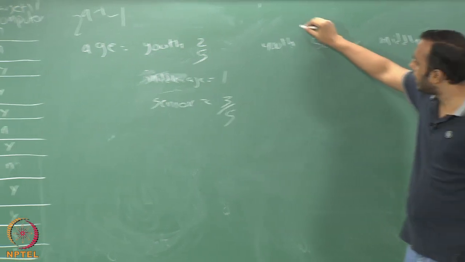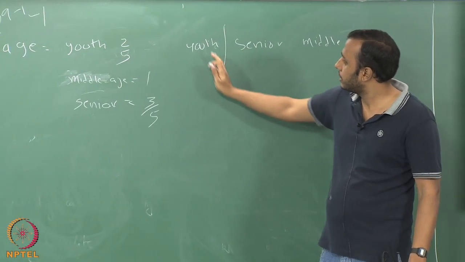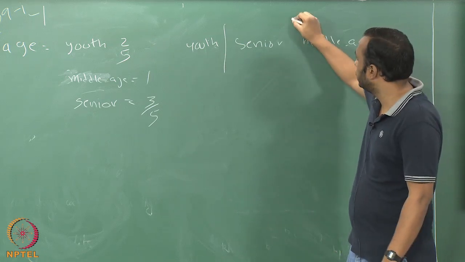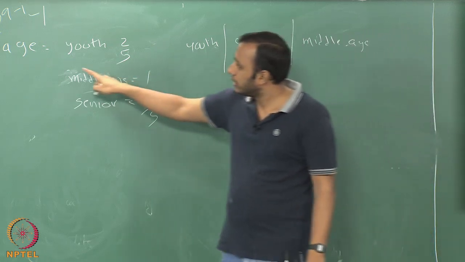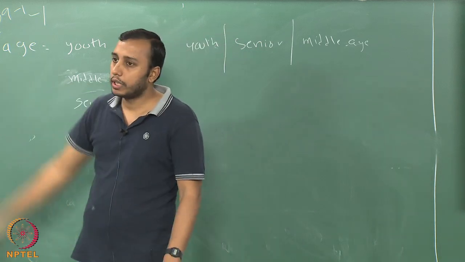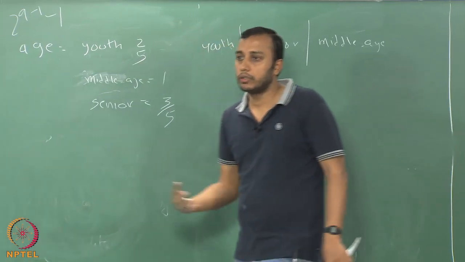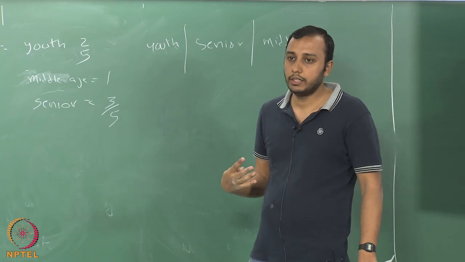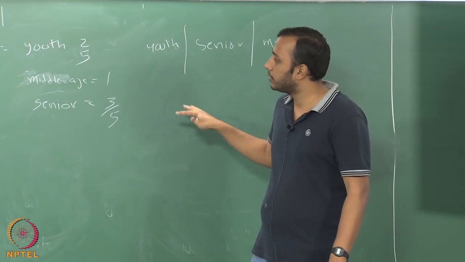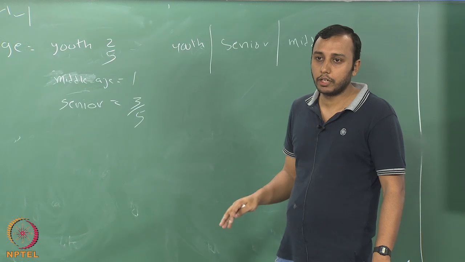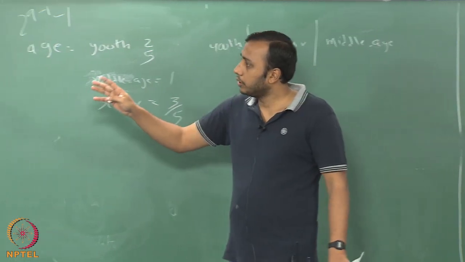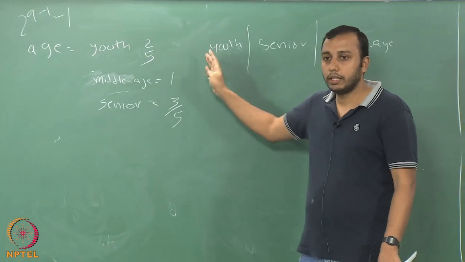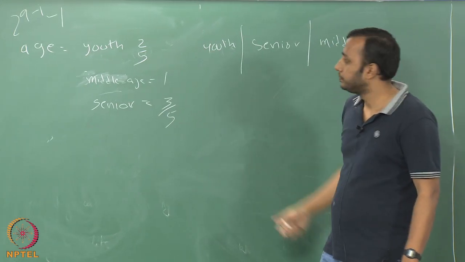So essentially either we have a split point where we consider youth in one set and senior and middle age in another, or we do this. Now note that this particular attribute age has a notion of order, right. You consider youth, middle age and senior, there is some order, but for this exercise we have treated it as an unordered variable, right. If you wanted to use the inherent notion, you would just use youth, middle age and senior, right.